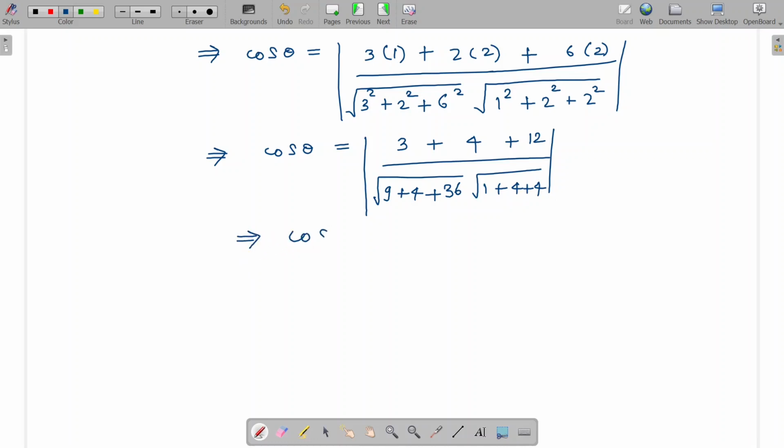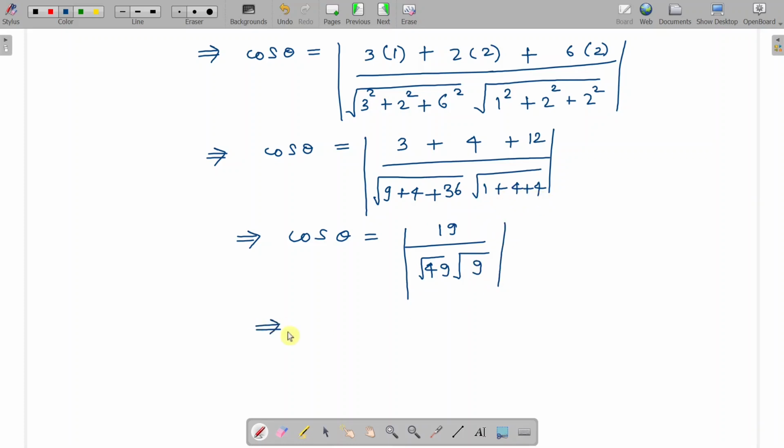So this implies cos theta is equal to modulus of 3 plus 4 is 7, 7 plus 12 is 19, divided by root of 9 plus 4 is 13, 13 plus 36 is 49, root of 4 plus 4 is 8, 8 plus 1 is 9.